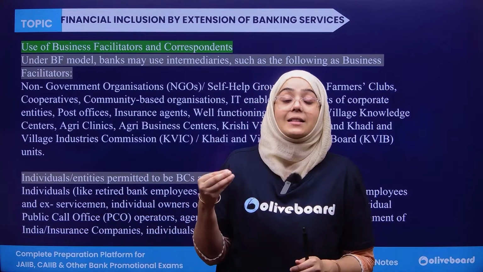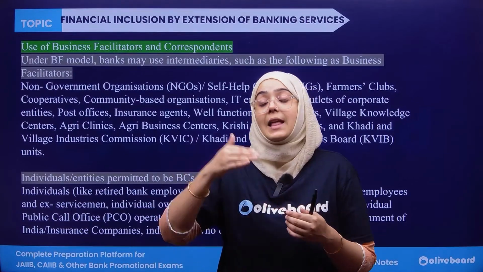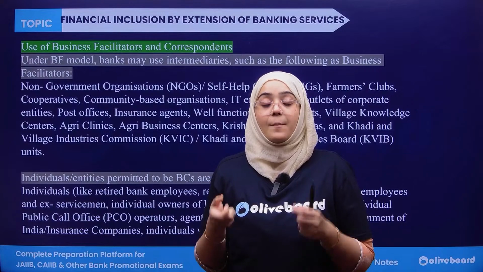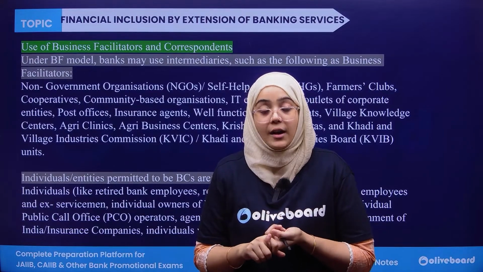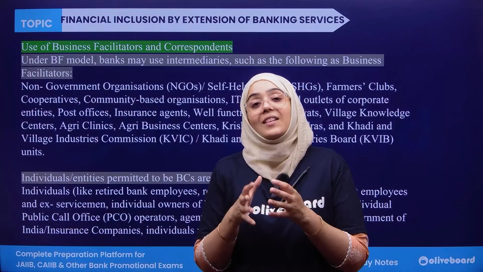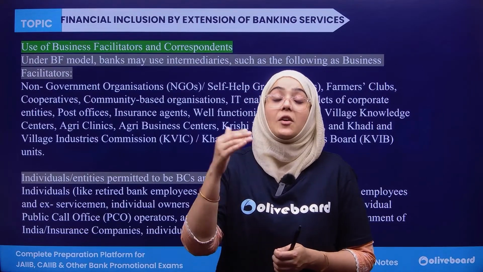So for including the unreached individuals in the banking system, business correspondents and business facilitators act as an extending arm to provide financial services to the remote areas of the country.